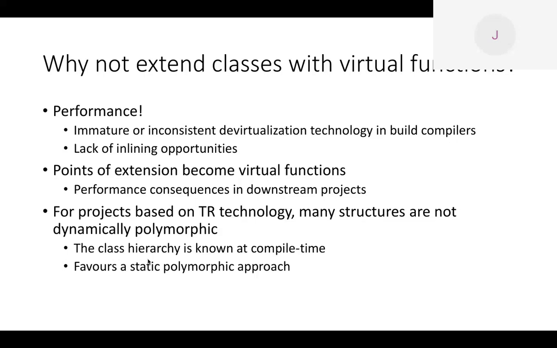The other thing is that the points of extension within this hierarchy are now virtual functions. That is how you extend a class. And there was some concern around the performance consequences in downstream projects. One of the examples we used a lot when thinking about this was a very common function right now, like is 64-bit target, a question you ask the compilation to see if I'm compiling for a 64-bit target or not.